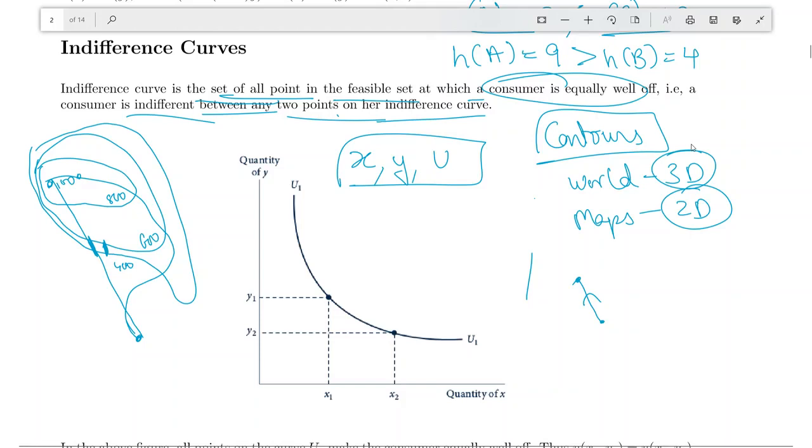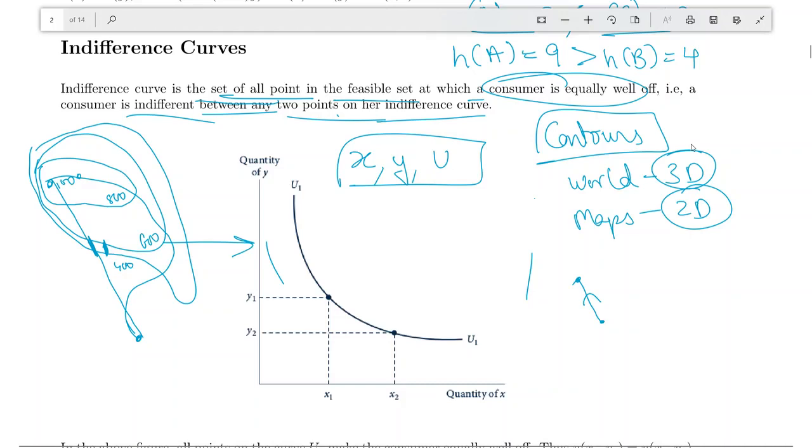But that is not feasible, because again the screen is two-dimensional, the paper is two-dimensional, our reading materials are all two-dimensional. So that's why we came up with this idea of using contours in our consumption set, and they came to be known as indifference curves.